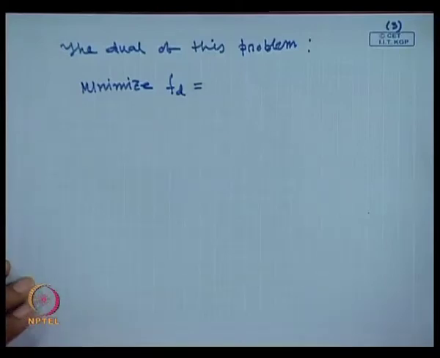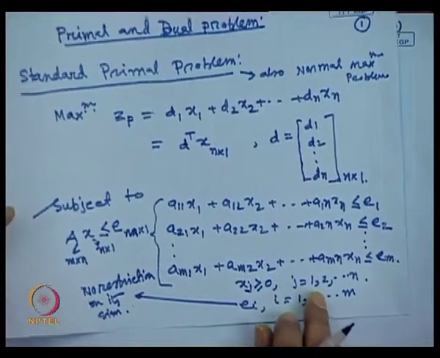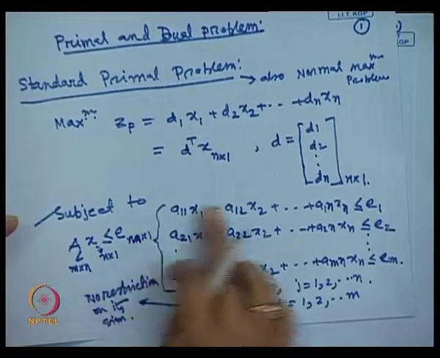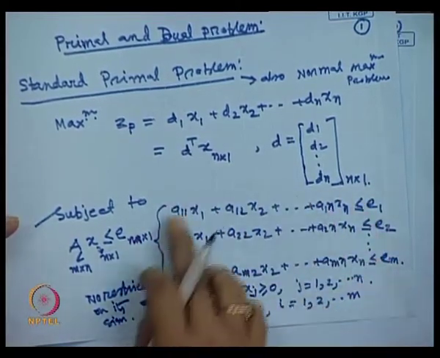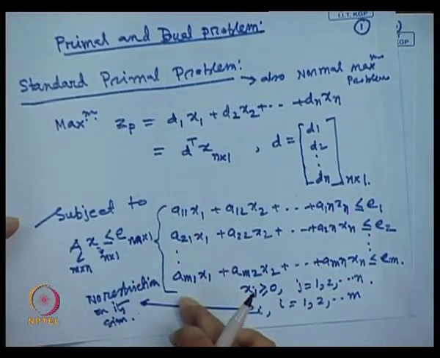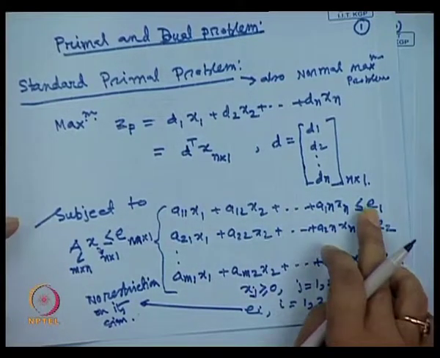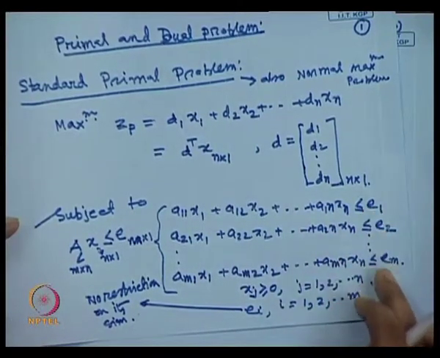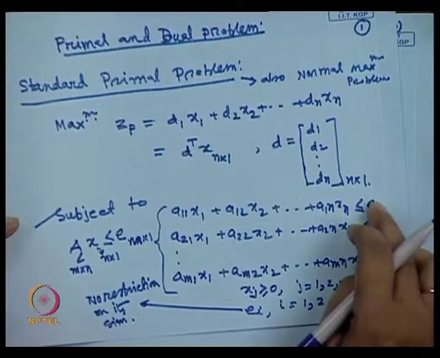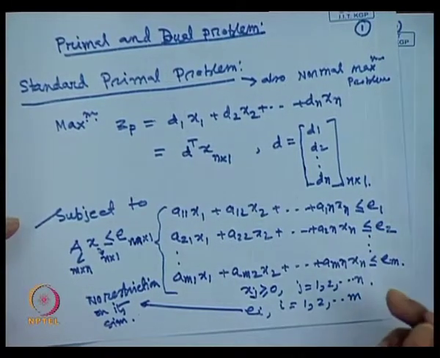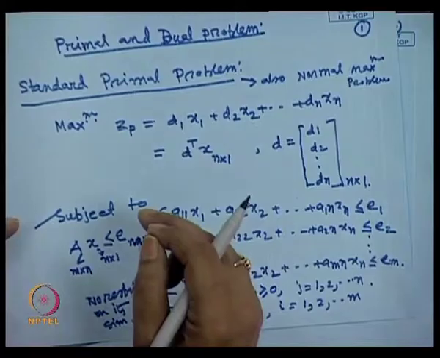Then how will you write it? See, in the dual problem, whatever inequality constraints you have, m inequality constraints, and the right hand sides of the inequality constraints E1, E2, up to Em, those quantities will come into the objective function of the dual problem. Agree?